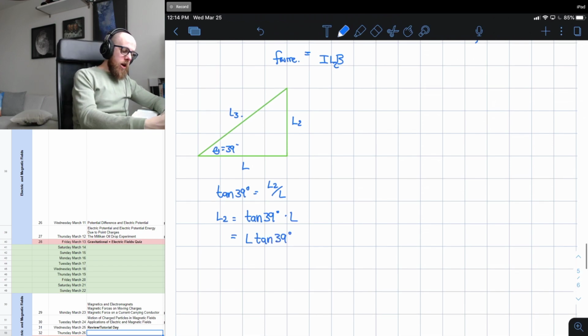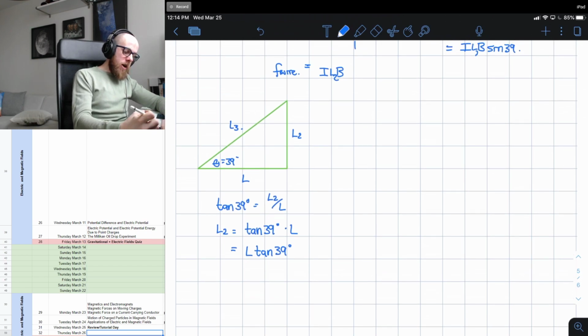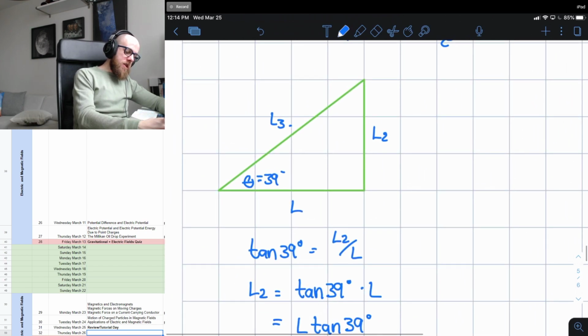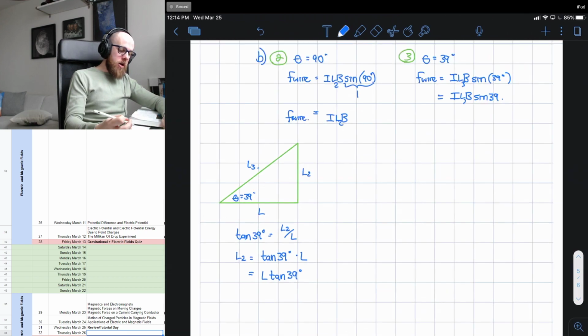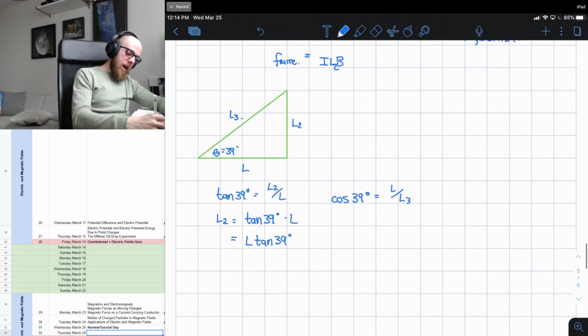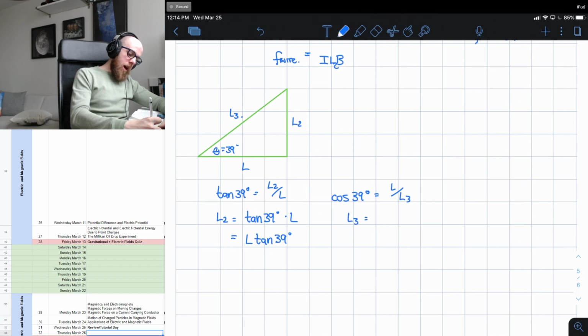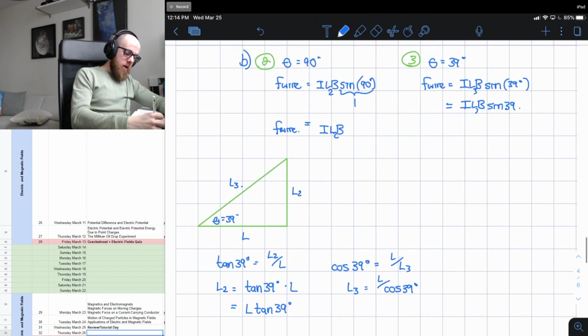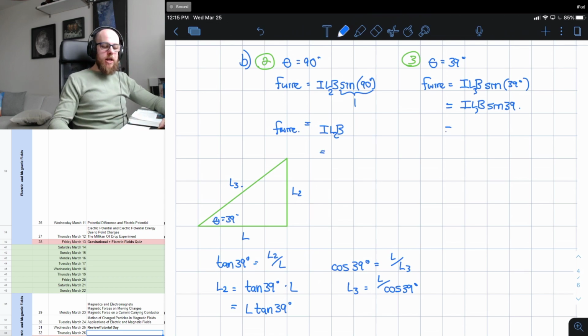And I can also come up with an expression for L3, right? I notice that I have the adjacent side and the hypotenuse here. So I know that cosine of 39 degrees is equal to adjacent over hypotenuse, so L over L3. And that tells me that L3 is equal to L over cosine of 39 degrees. Now I'm going to plug both of these back into the two formulas I developed for the force on each wire segment.